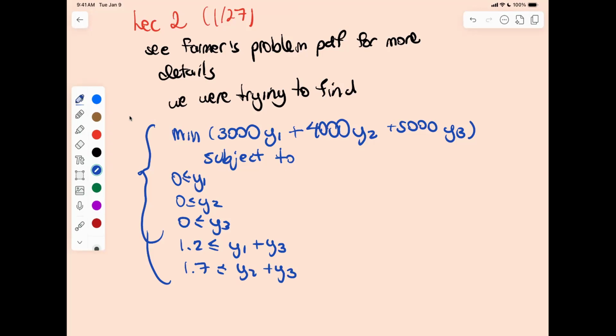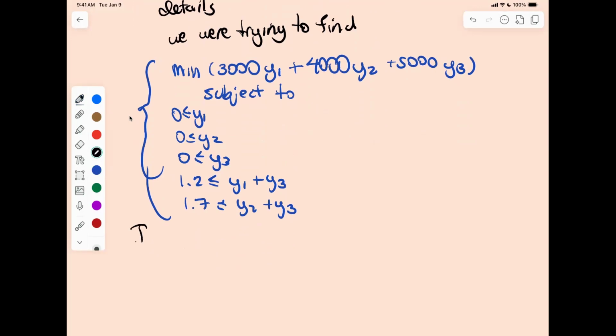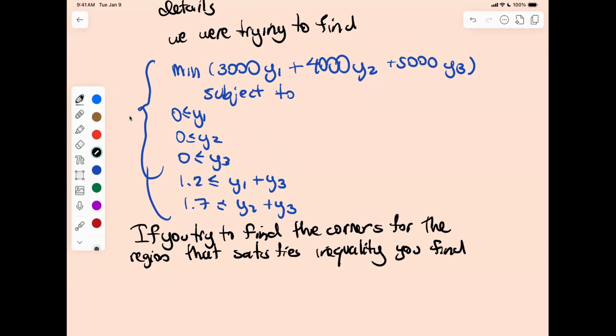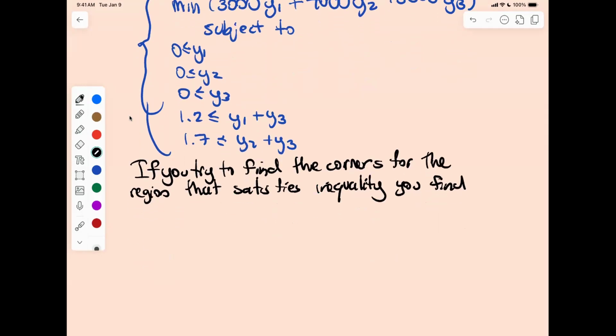If you try to find the corners for this region, the region that satisfies the inequalities, you find these values. y1 could be 0, y2 could be 0, y3 could be 1.7.